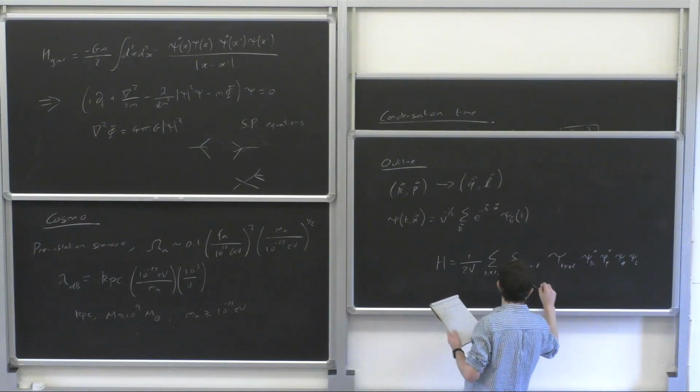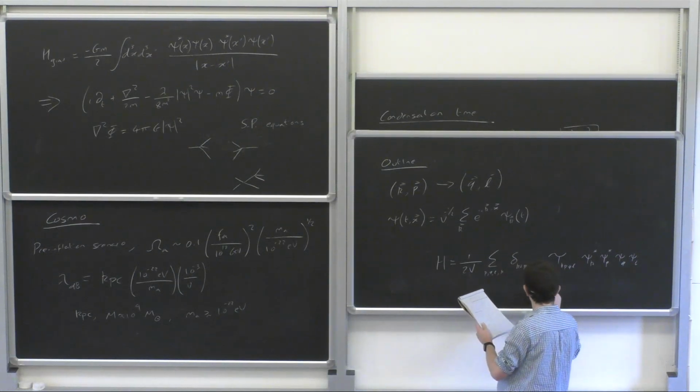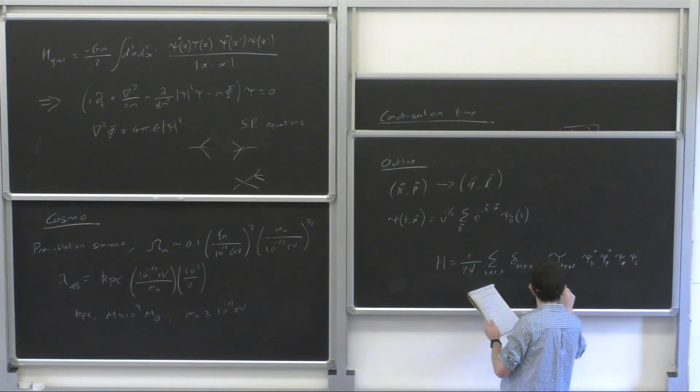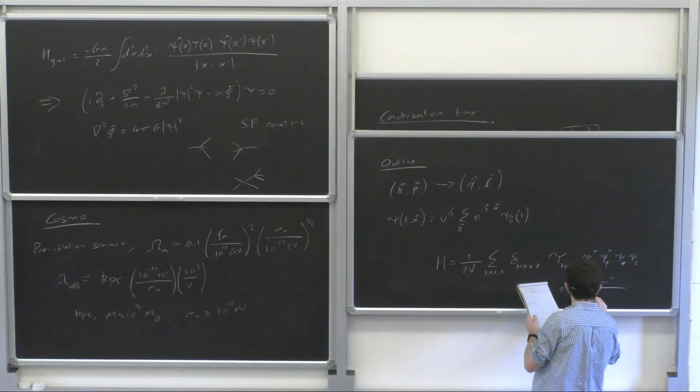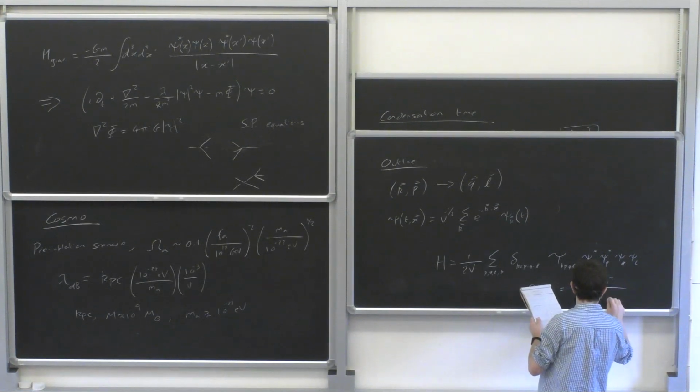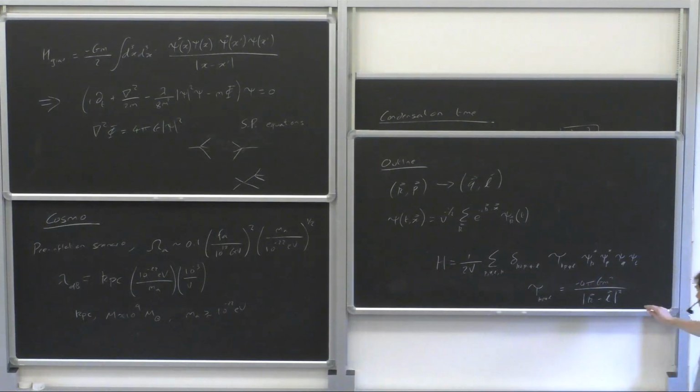And this object T, which controls the scattering rate, has this kind of form. So I'm not explaining this in complete detail, but it's sort of the form you'd expect for the scattering by a massless graviton.